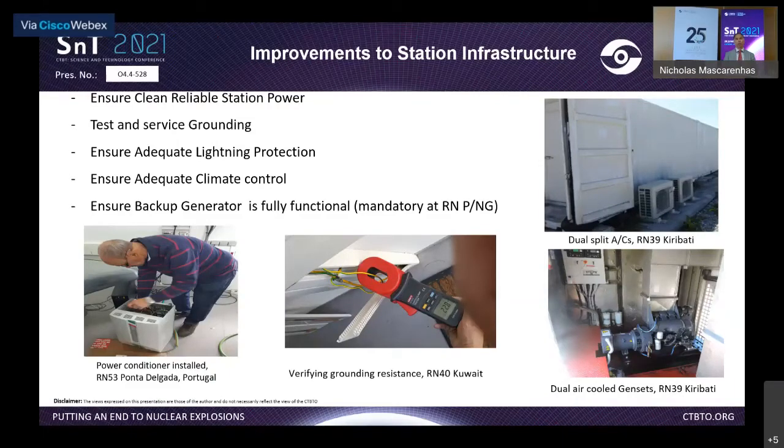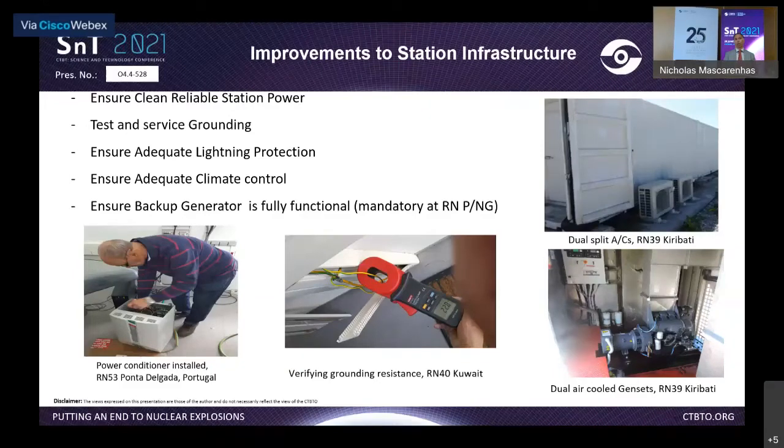So we have systems put in place to keep the environment clean and not hostile to the equipment. So we have climate control. And in order for it to work well, we really need to make sure the climate control equipment is properly working, adequately serviced, and then replaced at the appropriate time.